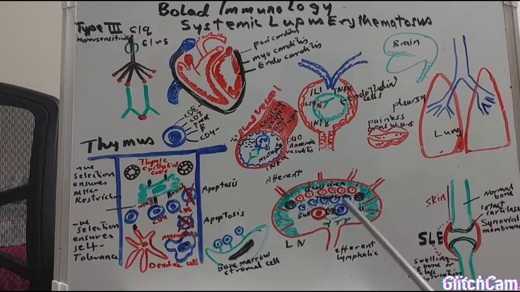and then here there is the T cell area, and they usually encounter an antigen here, because antigens such as bacteria are trapped in the lymph node if they are tissue borne, or in the spleen if they are blood borne.